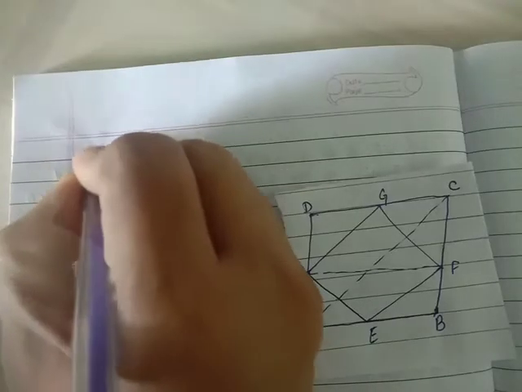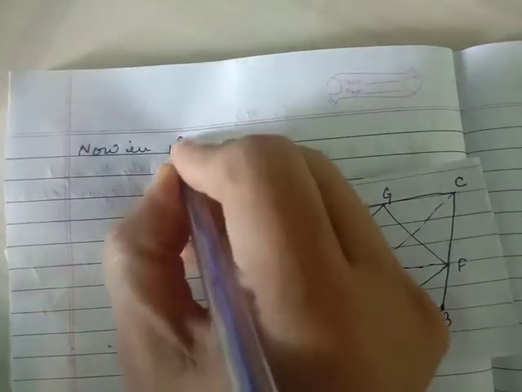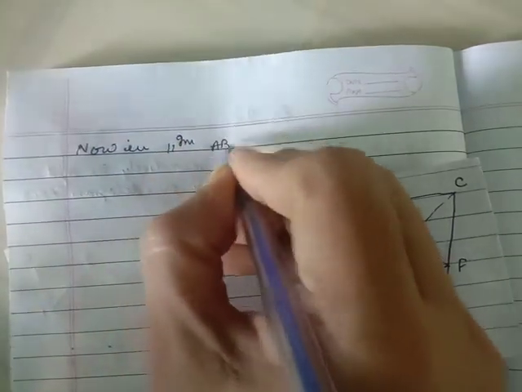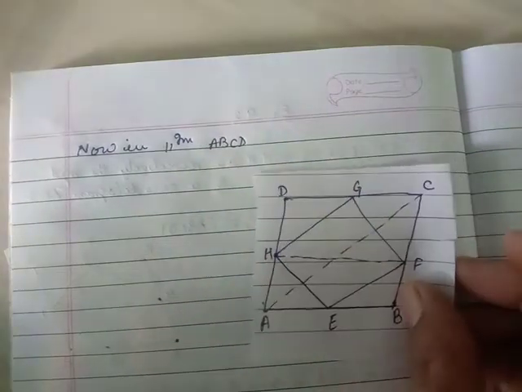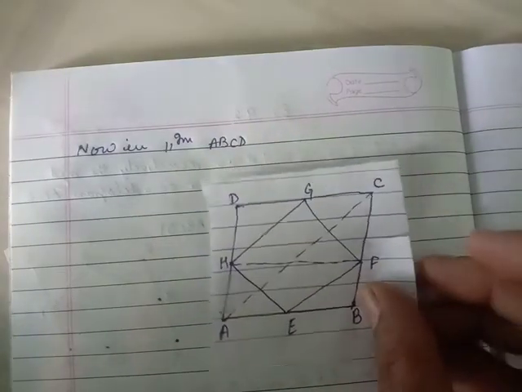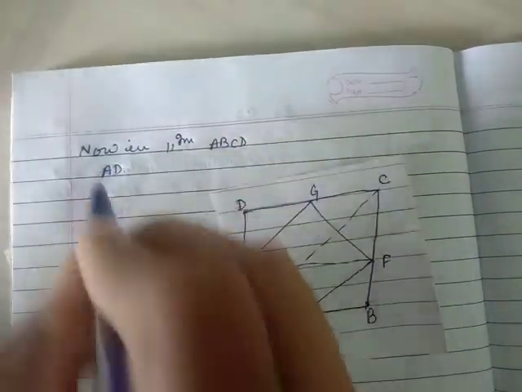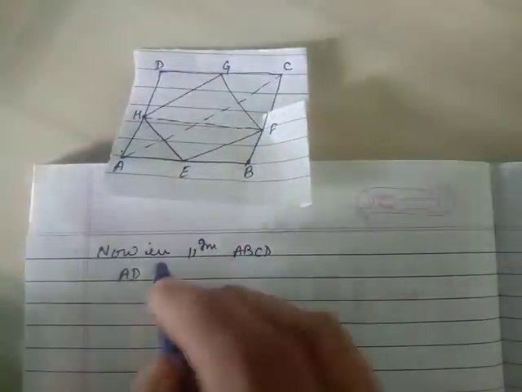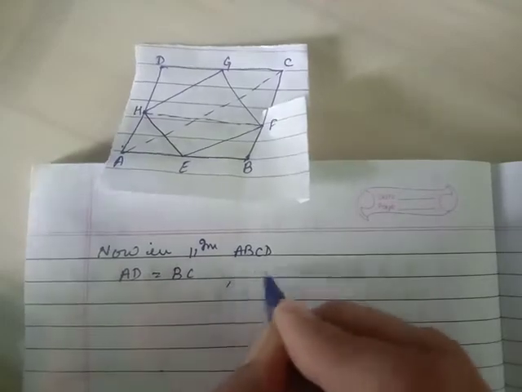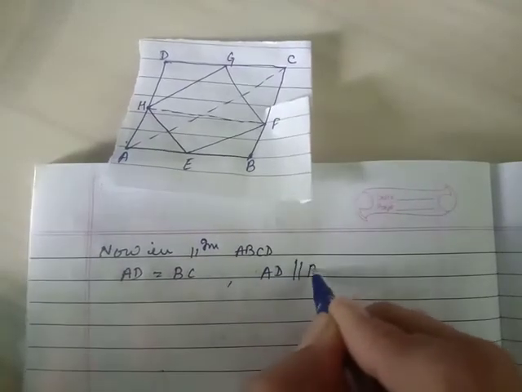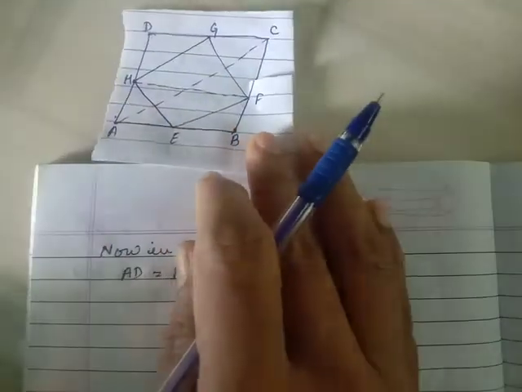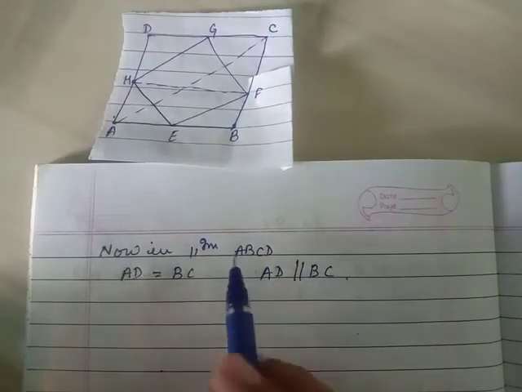Now in parallelogram ABCD, see this parallelogram ABCD, AD is equal to BC and AD is parallel to BC. Opposite sides are equal and parallel.